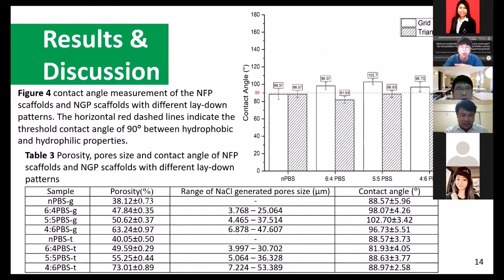The NGP scaffold has many pores that make the fibrous surface rougher, right? And this rougher surface causes a higher contact angle value, which means more hydrophobicity.